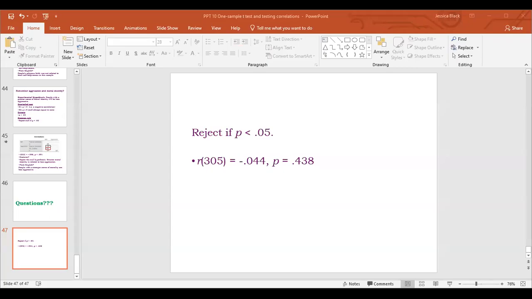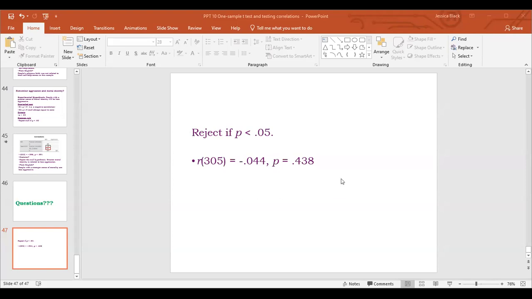All right, the purpose of this video is to show you how to figure out whether a given p-value is less than or greater than our alpha level of 0.05, for example, or 0.01. So if you look at this screen, we have our decision rule: reject if p less than 0.05.